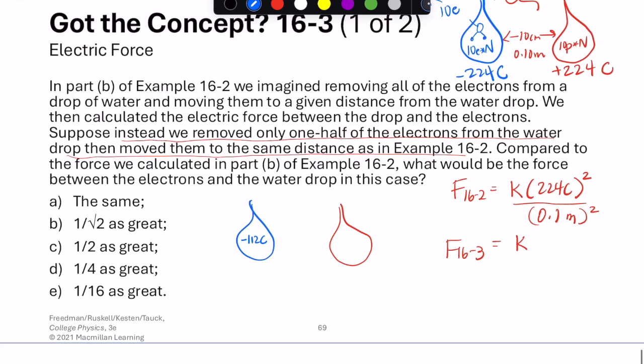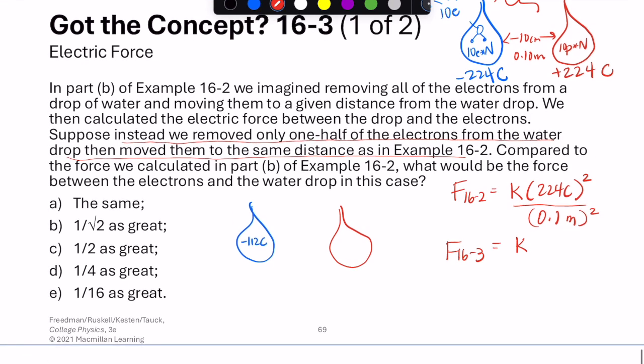And over here, we had plus 224, but now we're removing half of the electrons, so the total here is positive 112. Now the force we calculate is going to be 112 coulombs squared, and that's half of this, right?